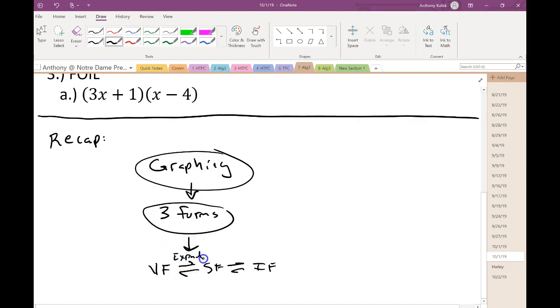So to go from vertex to standard form, we expanded. To go from standard form to intercept, we factor. To go from intercept back to standard, we FOILed. And then to go from standard form to vertex form, we used completing the square.